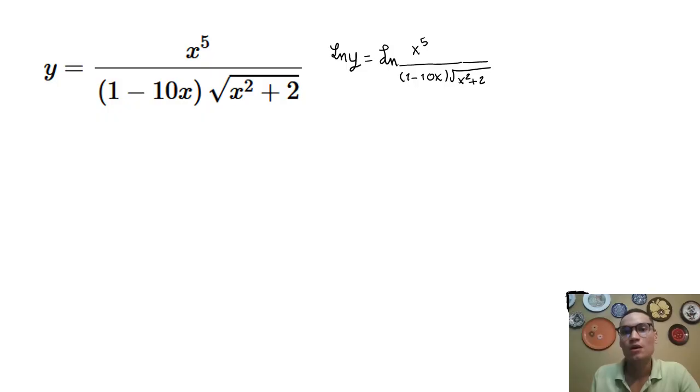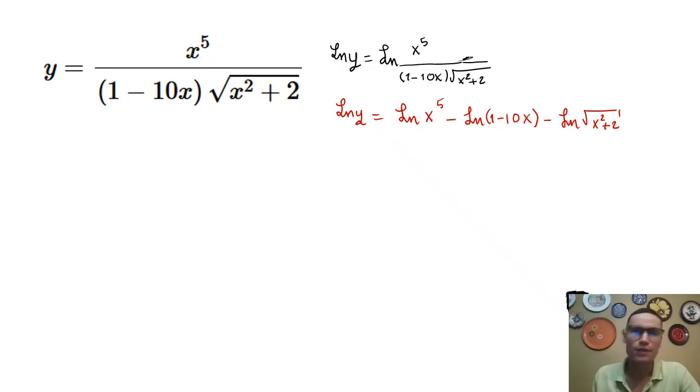Here we use the properties of logarithms, and we get that natural logarithm of y will be equal to natural logarithm of x to the power of 5 minus natural logarithm of 1 minus 10x minus natural logarithm of the square root of x squared plus 2.